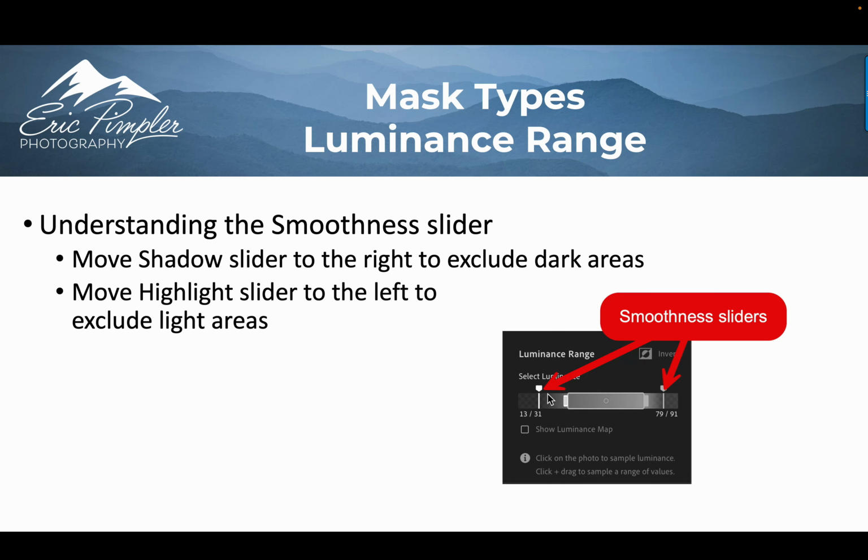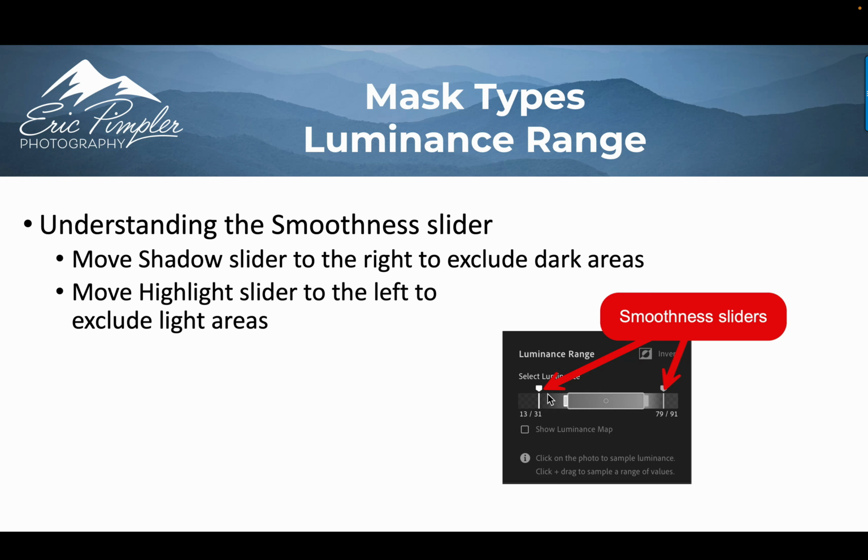So with your smoothness sliders, the smoothness slider controls the feathering between the masked and unmasked areas, and it allows for a smoother transition between different luminance levels. A higher smoothness value results in more gradual transitions, making the effect more subtle and blended. And a lower smoothness value creates a sharper transition between the masked and unmasked areas, making the effect more pronounced.